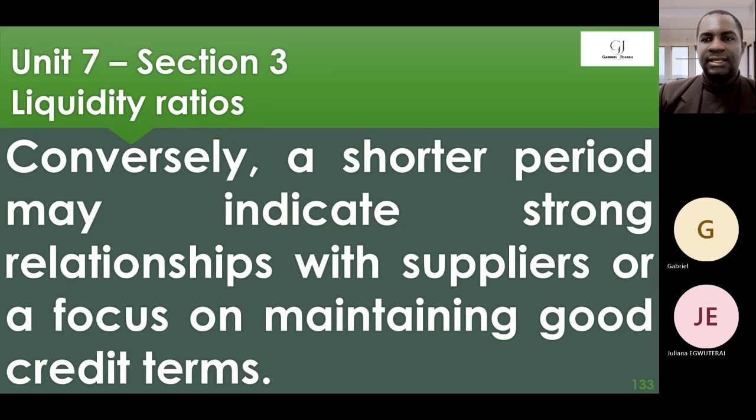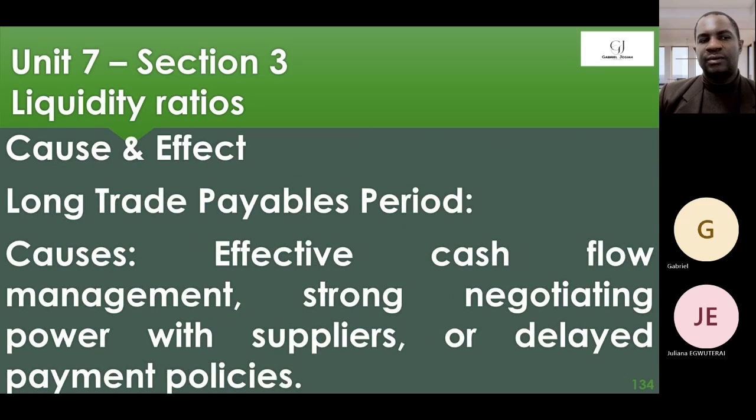So let's look at the shorter period, which indicates strong relationships with suppliers and a focus on maintaining good credit terms. So it's good that a shorter period, 1 month, 45 days, 2 months at most, will enhance relationships with suppliers and also focus on maintaining good credit terms. That's the converse, looking at the higher and the shorter period.